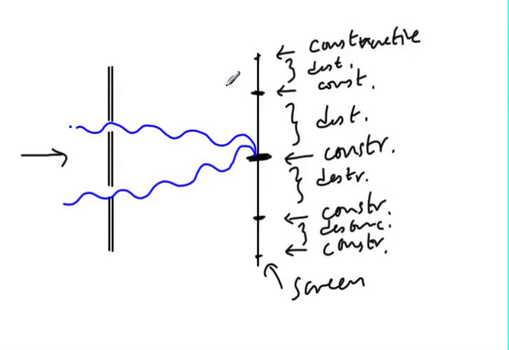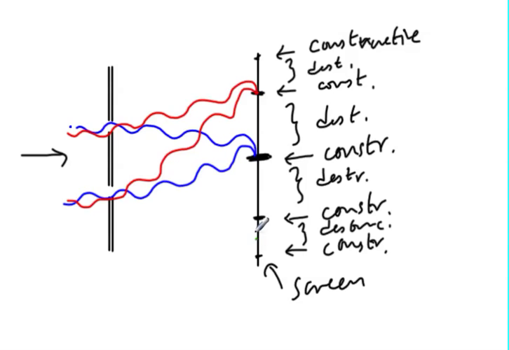The same goes with something like this, in red. It will interfere constructively from both slits. Whereas for some region like over here, it will interfere destructively.